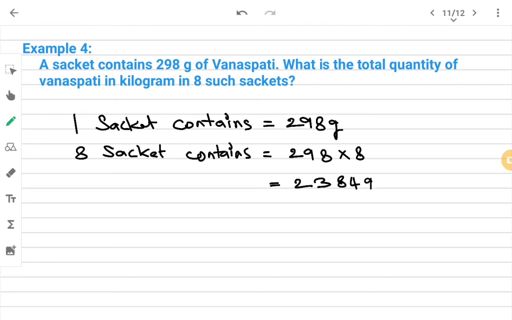So 298 into 8 is 2384 gram. We know 1000 gram is equal to 1 kilogram, because they are asking you to give it in kilogram, right?